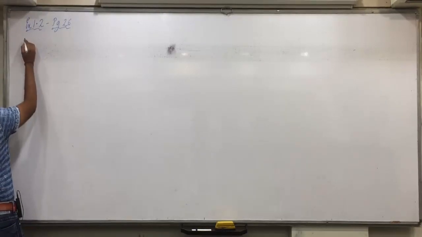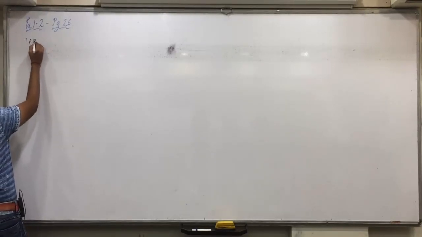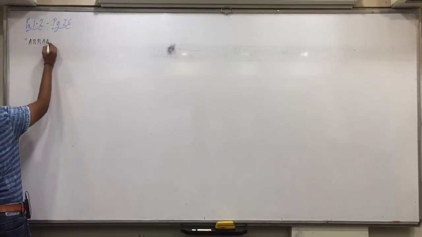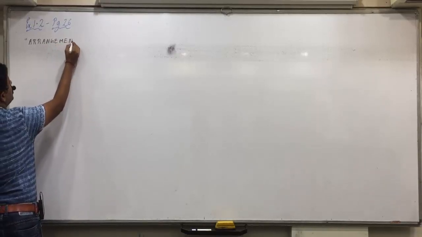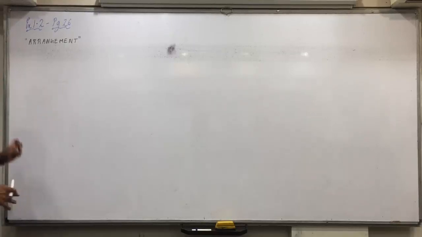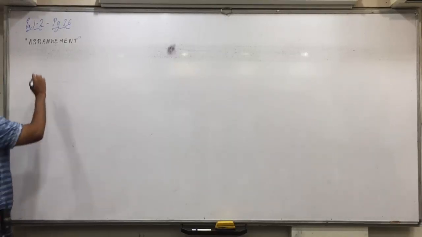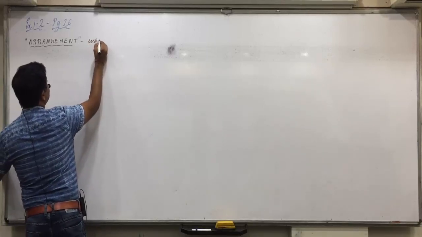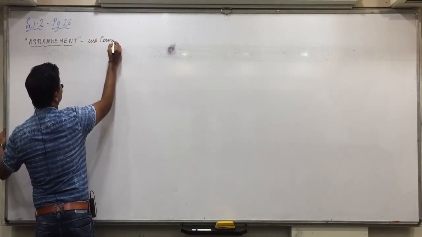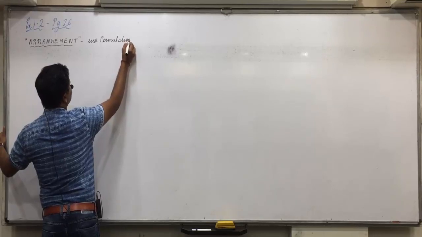But these 4 questions are based on permutations, which we use when the question is on arrangement. Questions on selection we use combination. But if the question comes on arrangement, then we will use the formula of permutations.